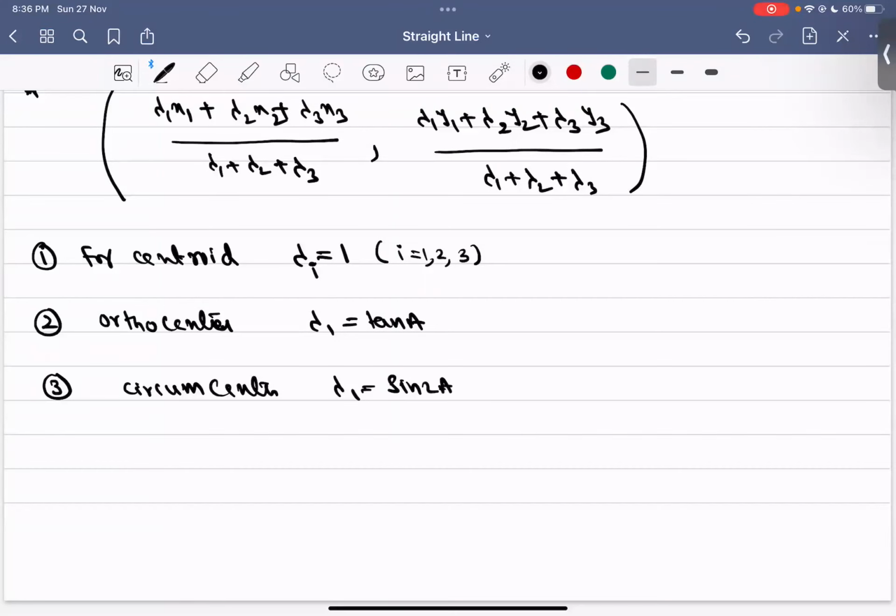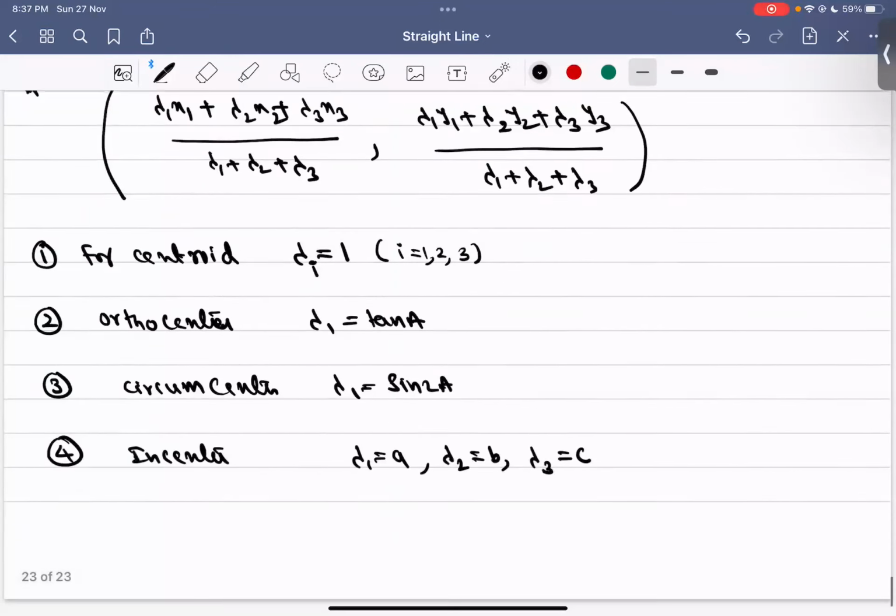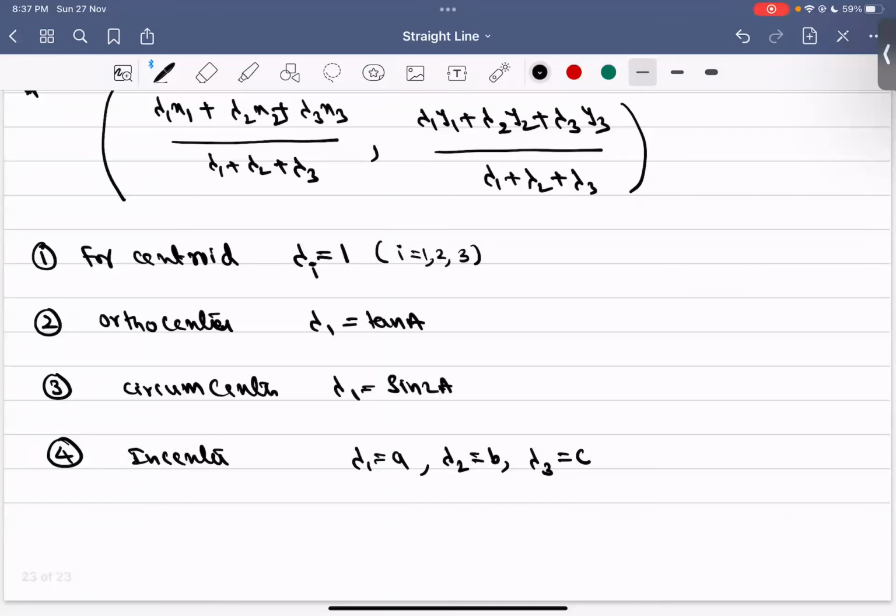Sin 2A, etc. Next, the fourth one, for the incenter: lambda 1 is equal to a, lambda 2 is equal to b, lambda 3 is equal to c. So like this, you can memorize the centroid, orthocenter, circumcenter and incenter. Is it clear?